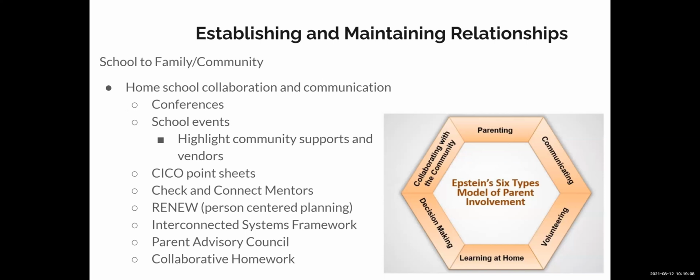So what are some things that you could possibly think about when we're thinking about the family community? So that home-school collaboration and communication, and you guys listed a lot of these on the Padlet already. I think we're most familiar with having conferences with family, but also thinking about additional school events and maybe highlighting community supports or inviting community vendors to those school events like a back to school night.